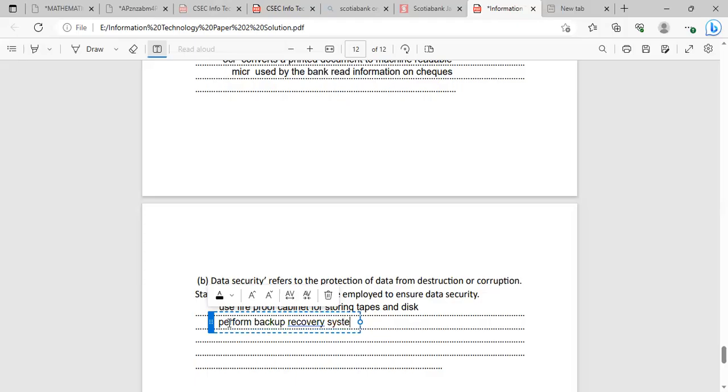Very important. Simple things like passwords, very important. Use antivirus software. Even though viruses are not so prevalent anymore, you can still put it.